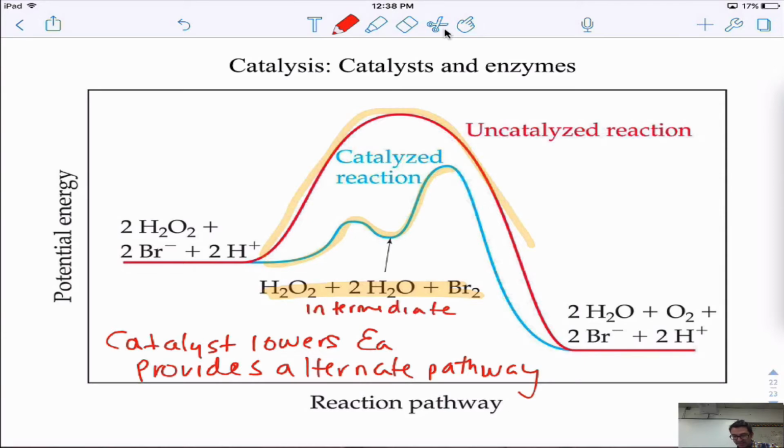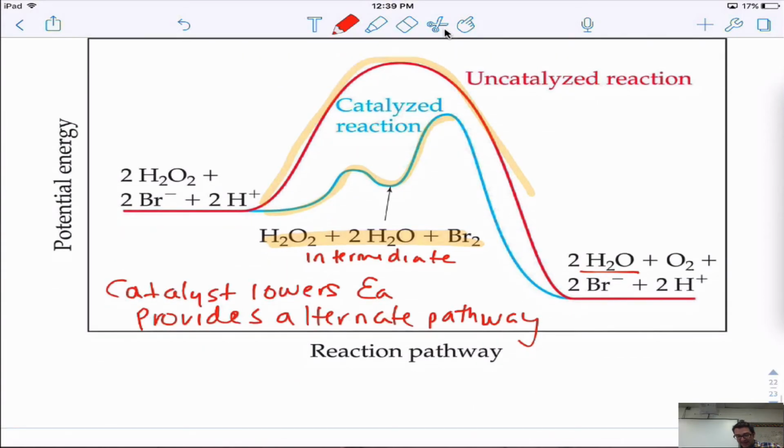Remember, an intermediate is a product that's formed that then gets used up in the reaction when you go to the products. Actually, sorry, the bromine would be the intermediate. The water is produced in the end here. I didn't see that. So this reaction is showing the difference between a catalyzed and an uncatalyzed reaction.